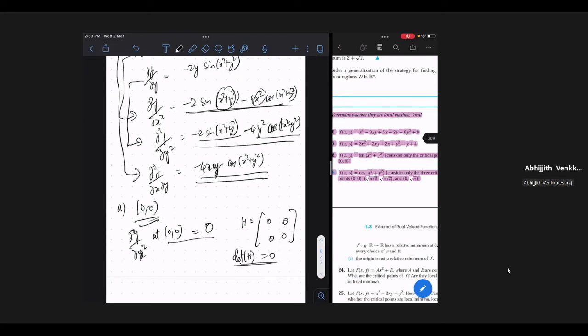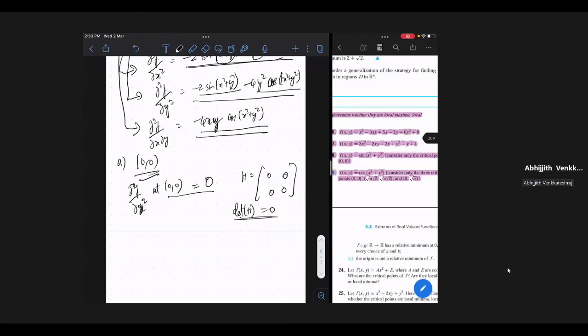This is the place where your second derivative test actually fails. You cannot classify it as a maxima, minima, or a saddle point. So this is where my second derivative test fails.